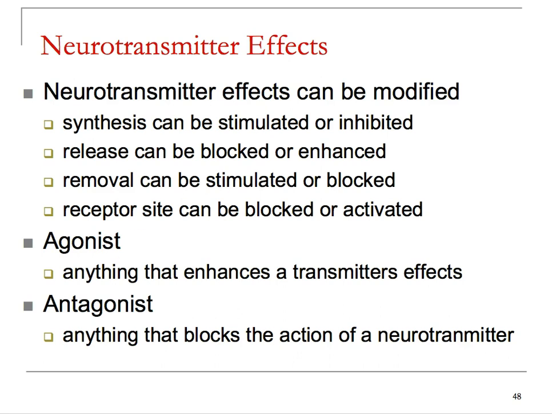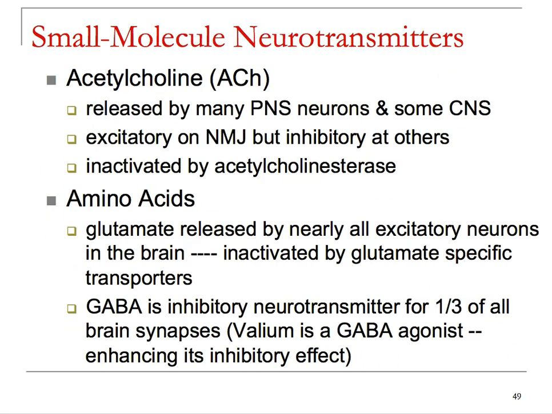What I want you to pay attention to is this really simple idea that acetylcholine is released by many peripheral nervous system neurons and some central nervous system neurons. It's excitatory at a neuromuscular junction, meaning if we're using our lower motor neuron to activate skeletal muscle tissue, it's excitatory, but it's inhibitory at other locations.